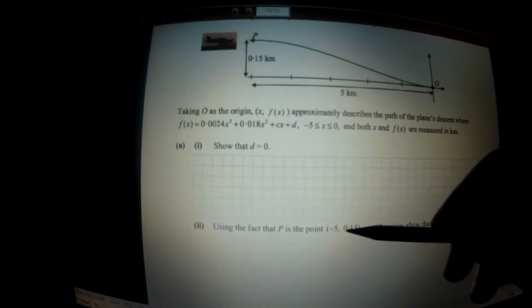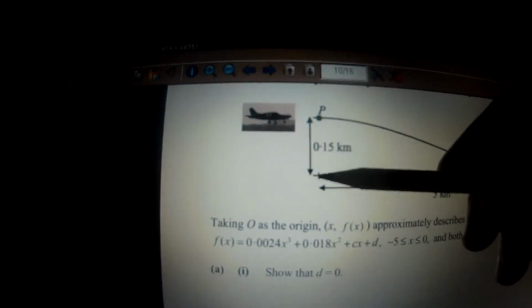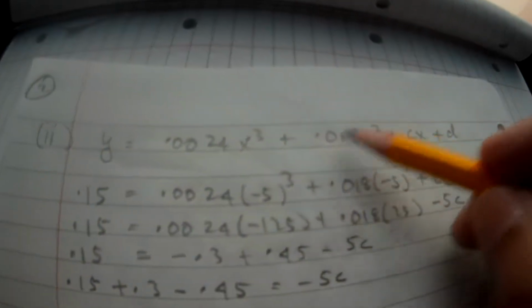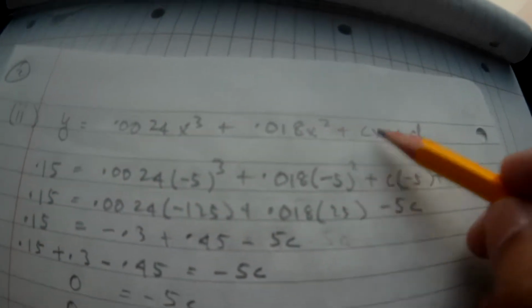Using the fact that P is the point -5, 0.15, which is there, so that's 0.15 up, 5 back, so the x coordinate is -5 and it's 0.15 up, show that c is equal to 0. So you take the equation, y is equal to 0.0024 x cubed plus 0.018 x squared plus cx plus d.